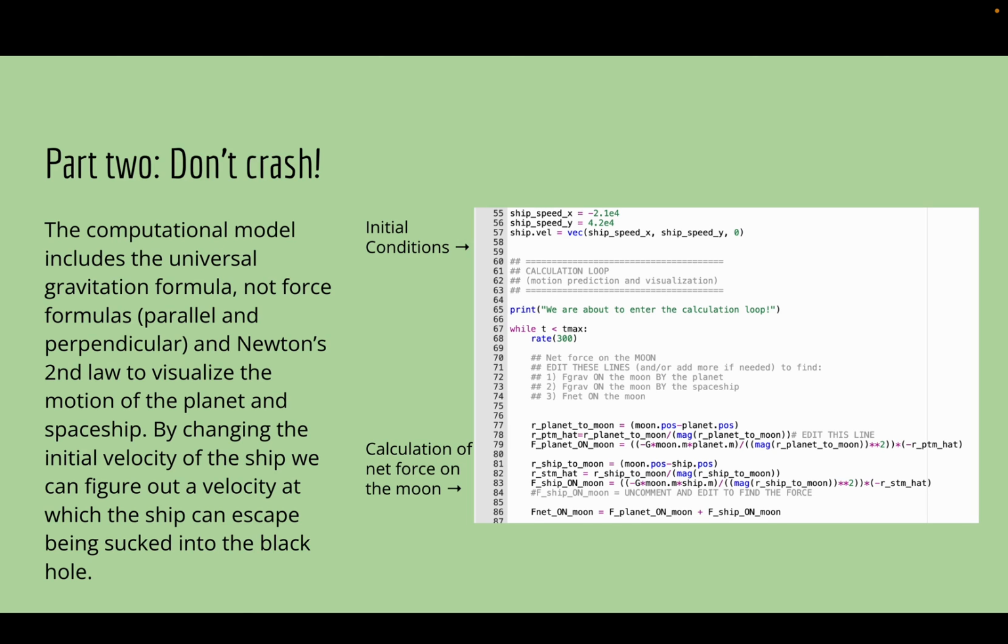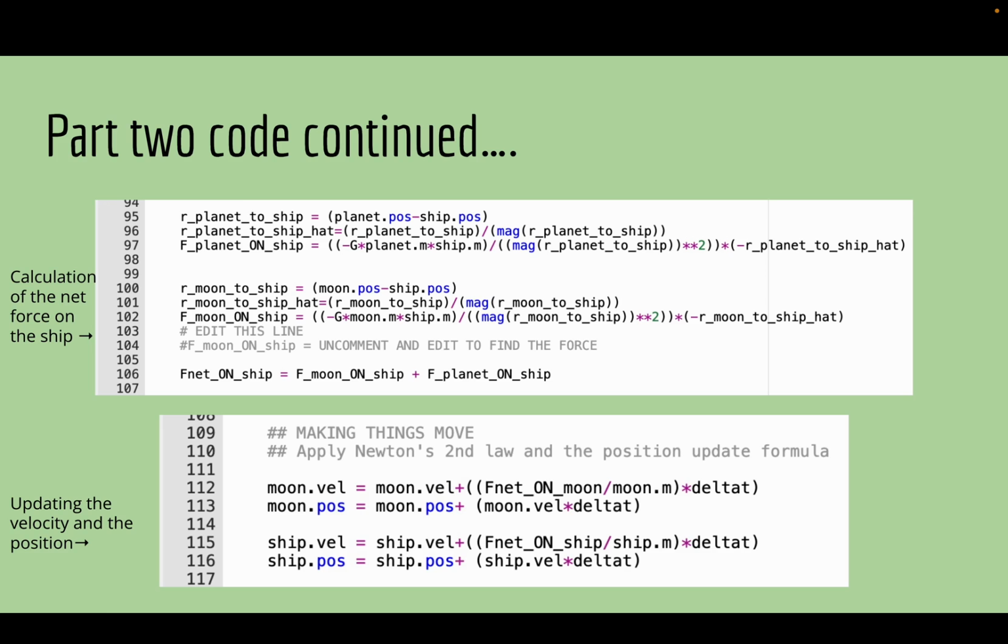The first part shown underneath the while loop is the calculation of the net force on the moon. The top box is the calculation of the net force on the ship, and the bottom is updating the velocity and the position. That is how we were able to find the period and the speed shown in the introduction slide.